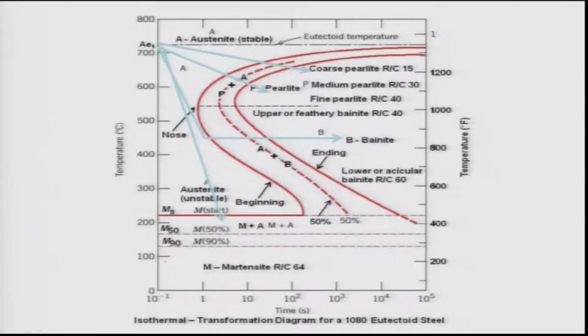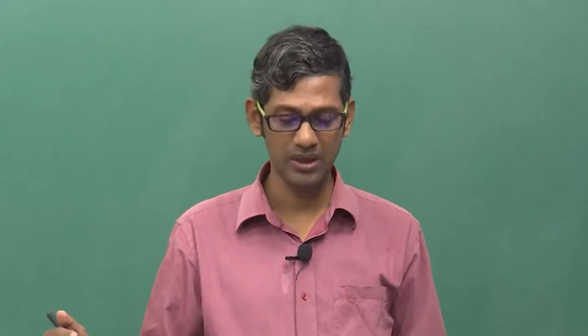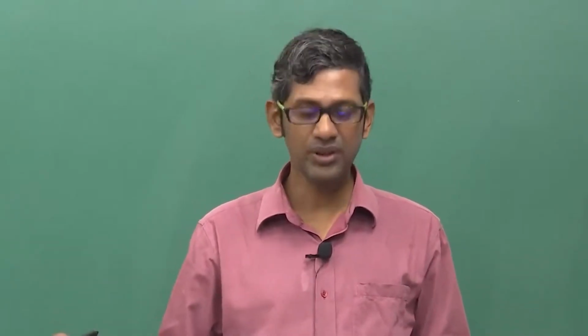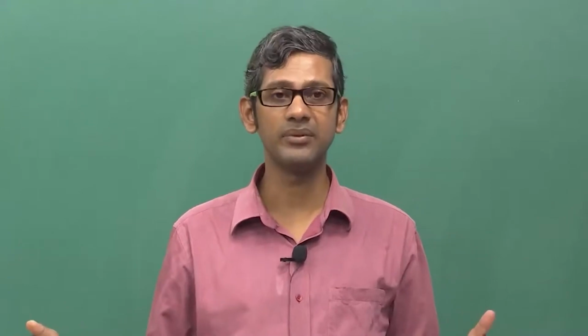So that is why in the industries, oil quenching, water quenching, polymer quenching, all different kinds of quenching are used. Oil quenching can be used to create different percentages of martensite, and also to temper it, because as you know, tempering starts about 150 degrees Celsius.